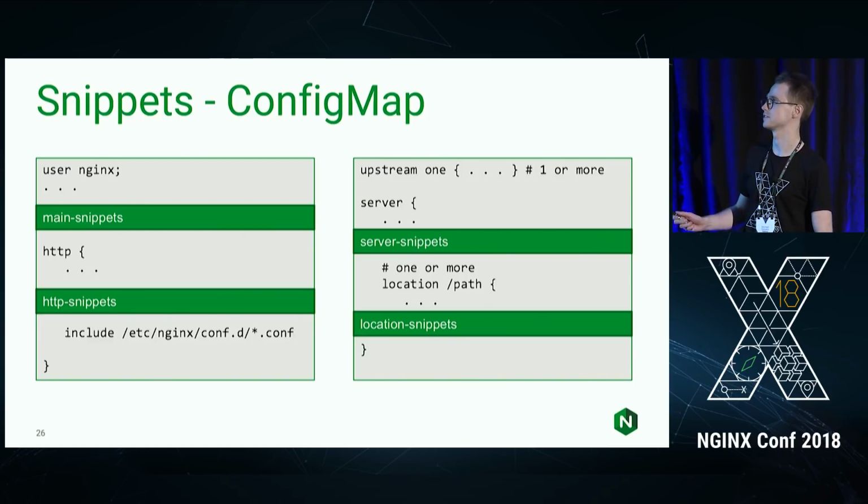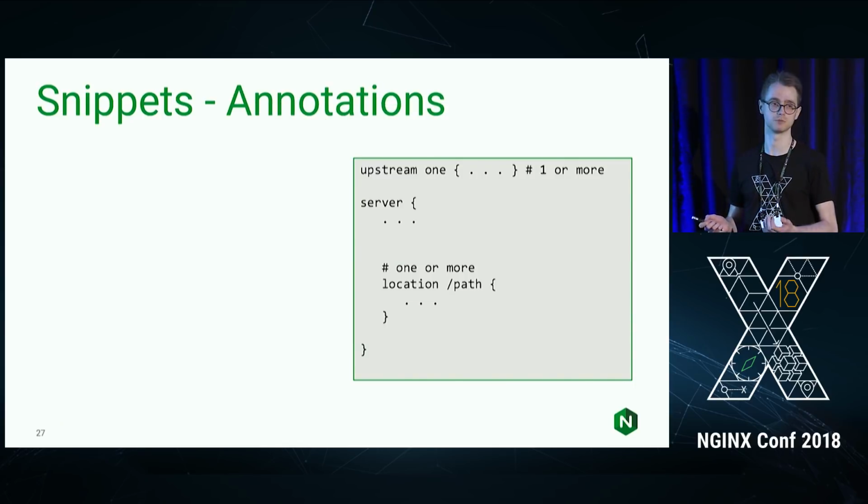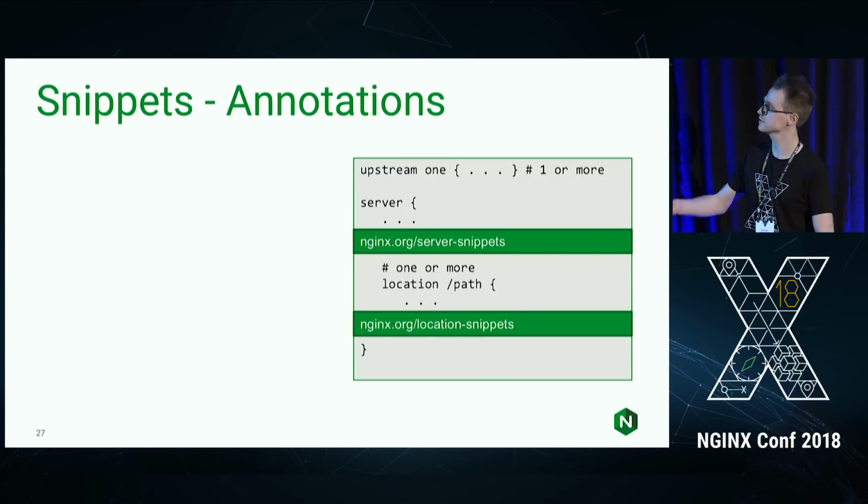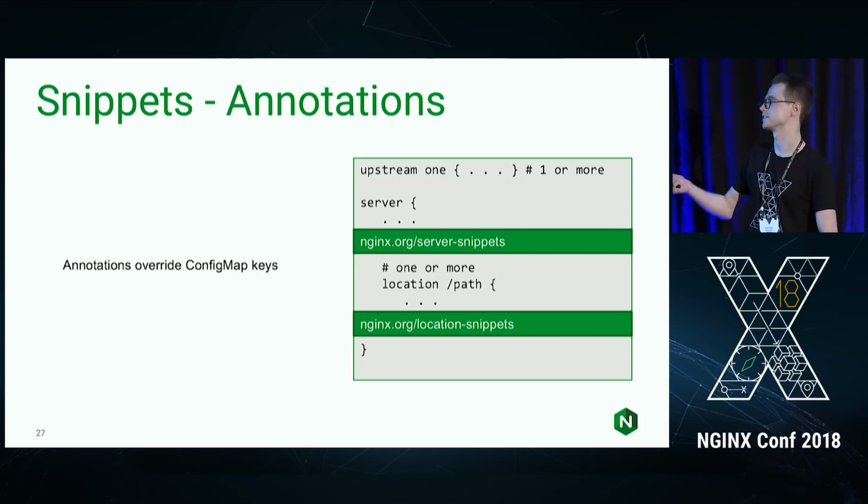And so we have snippets available through the ConfigMap, and we also have snippets available as annotations. So we have two annotations, the server-snippets annotation and the location-snippets annotation, through which you can customize the configuration of the Ingress files. And again, annotations override ConfigMap keys.